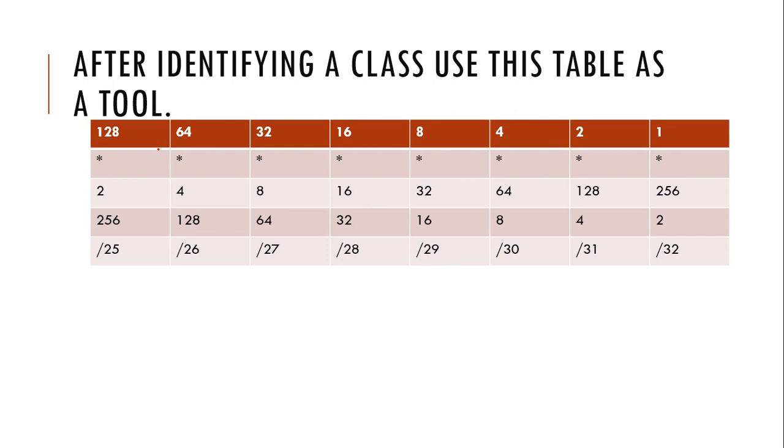Okay, after identifying a class, use this table as a tool. This is the most powerful tool in order to get all of your addresses, your first usables, your last usables, your broadcasts, all of that, your increments, or everything. Okay, let me introduce you to this table.